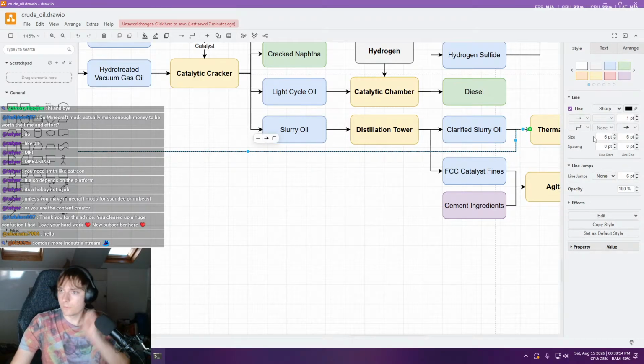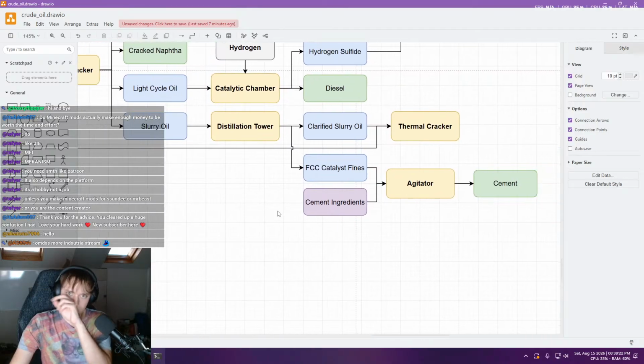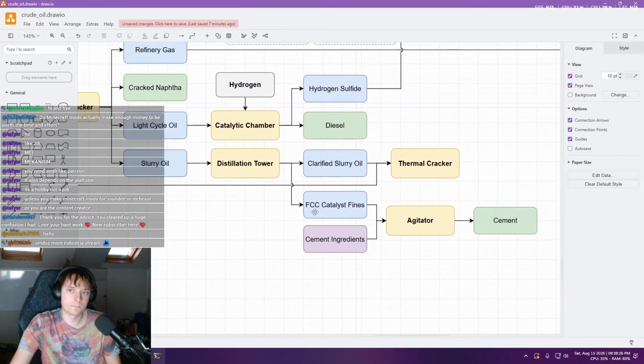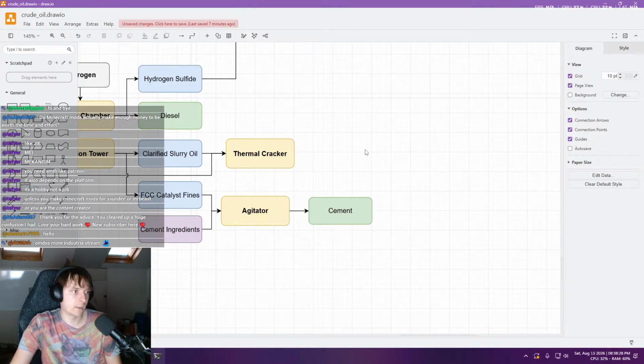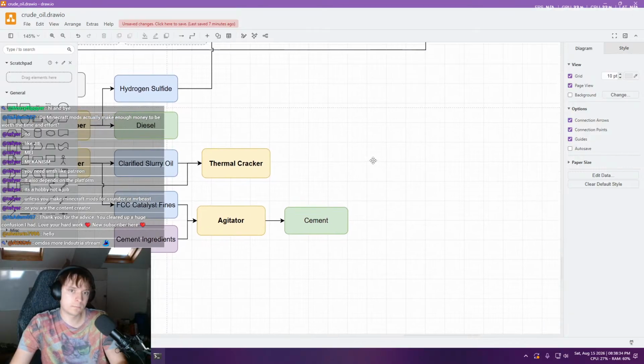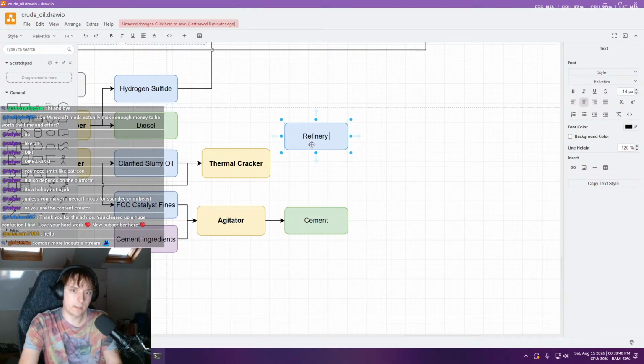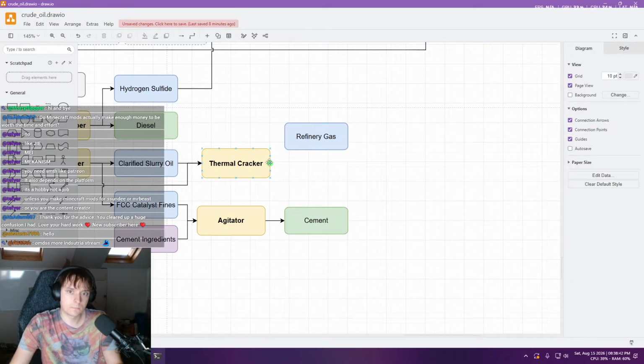There you go. And then if I just line jumps sharp, line jumps sharp, then that goes into the thermal cracker there. Okay. And that gets us a couple things. It gets us binary gas.